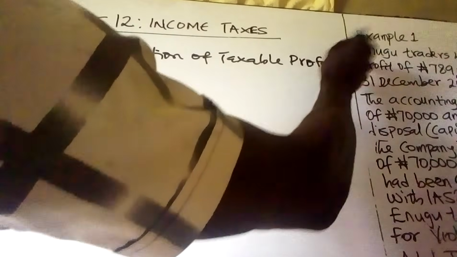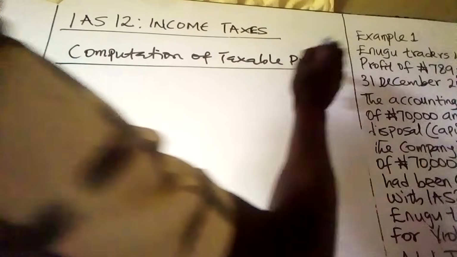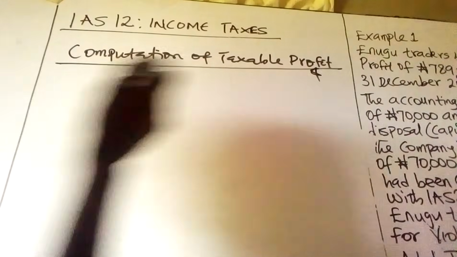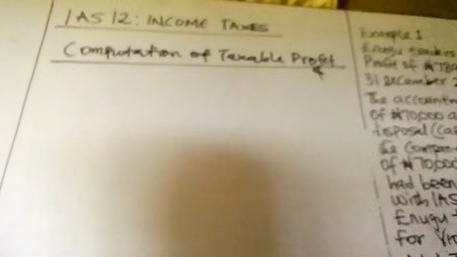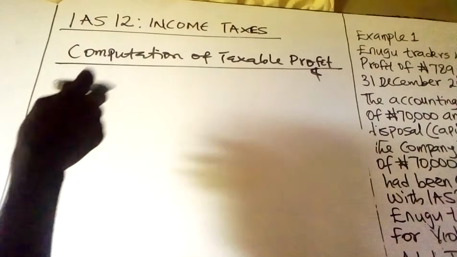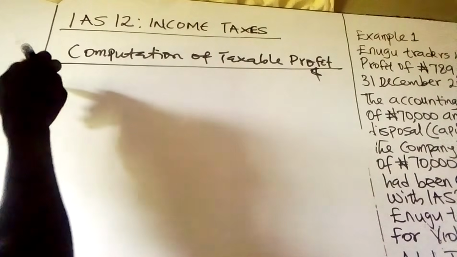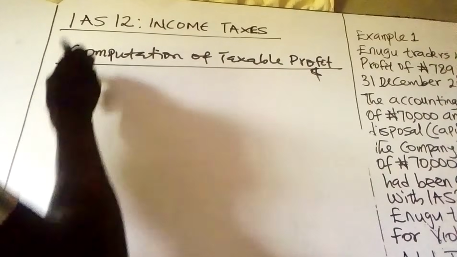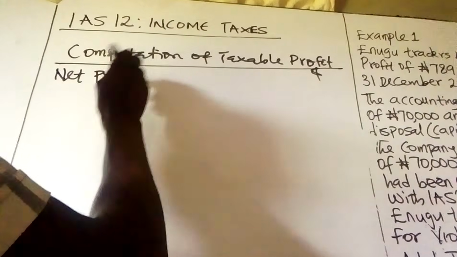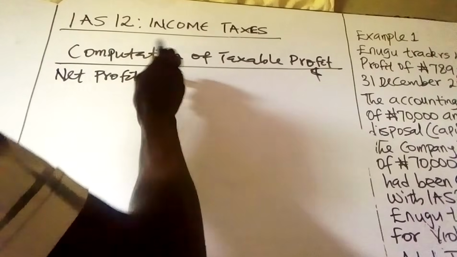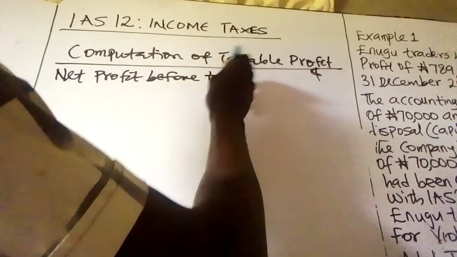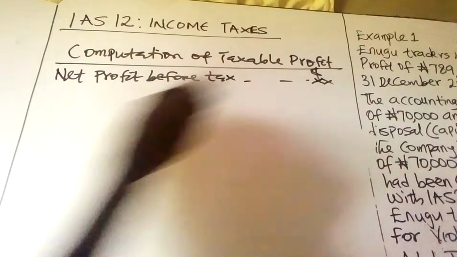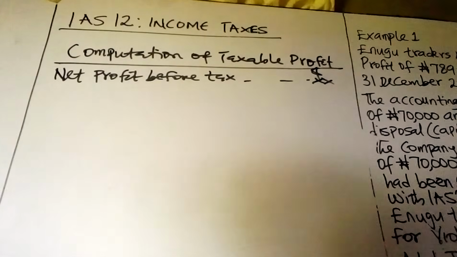I've told you that your taxable profit is the adjusted accounting profit, and the accounting profit is the profit before tax. So you start with the net profit before tax, the one in your financial statement.